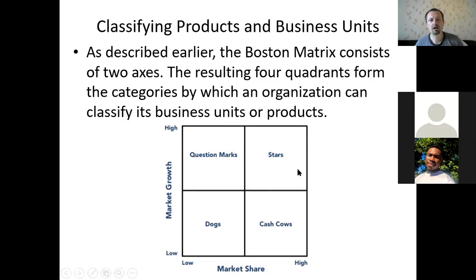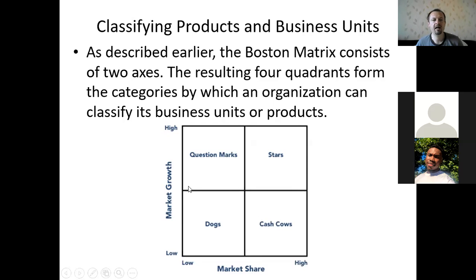So the star means that we have the biggest market share at the market which is growing at a high rate. If we have the biggest market share, but the growth rate is rather low, in this very case, we are cash cows.